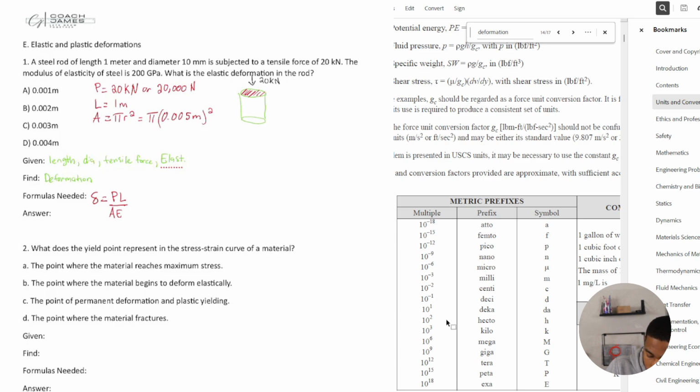Okay. What is E? E is equal to 200 gigapascals. Let's go back to A though, I didn't finish solving that.